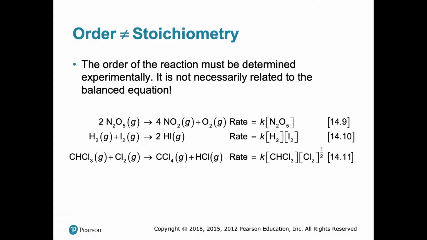Well, we have this reaction where dinitrogen pentoxide decomposes into nitrogen dioxide and oxygen. We do have a 2 here and a 4 here, but the reaction rate is still just first order for that decomposition, right? Here again, we have hydrogen and iodine becoming hydrogen iodide, still first order there too.